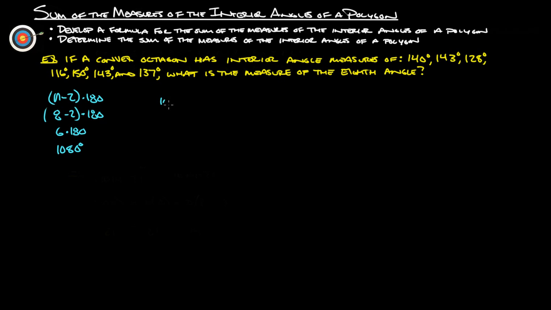So let's do this. 1,080 has to equal 140 plus 143 plus 128 plus 116, 150, 143, and 137, and our mystery last angle of x.